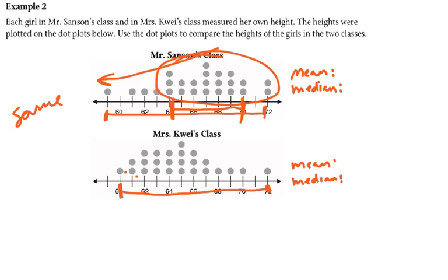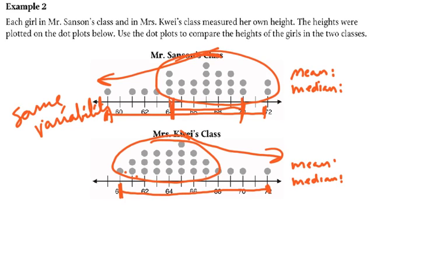So the different heights in the classes differ by about the same amount. Okay, but we can definitely see that Mr. Sanson's was skewed more to the left. Mrs. Quay's is more skewed to the right, isn't it? So the majority of them are a lot lower in Quay's class than in Sanson's. Okay, so that's some differences in where the majority of the data is.